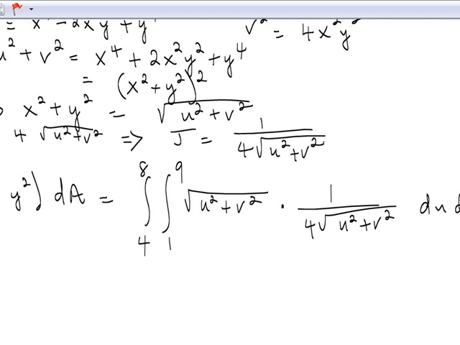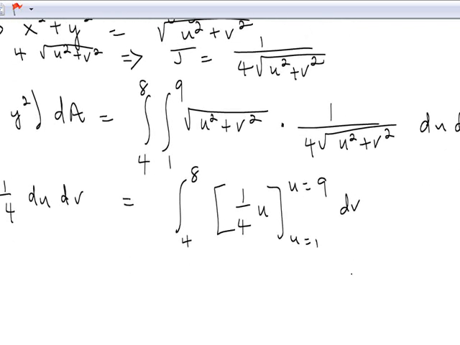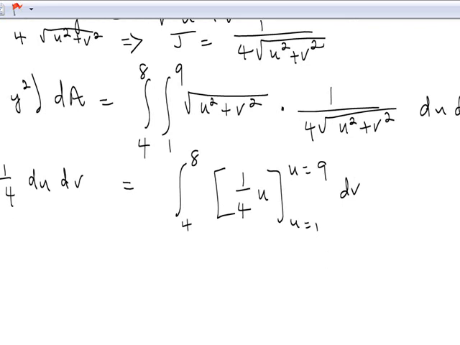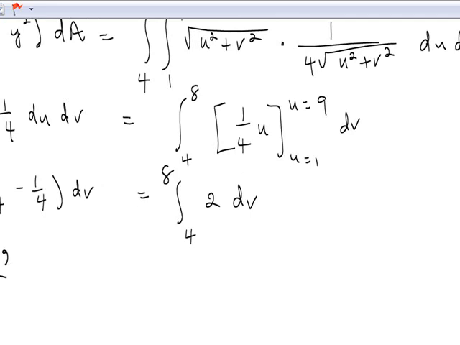Integral from 4 to 8, integral from 1 to 9, a quarter du dv, which is equal to integral from 4 to 8, a quarter u, from u equals 1 to u equals 9 dv, which is equal to the integral from 4 to 8, 9 over 4 minus 1 over 4 dv, which is the integral from 4 to 8 of 2 dv, which is equal to 2v from 4 to 8, 16 minus 8, which is 8.